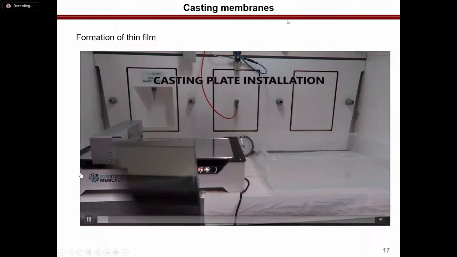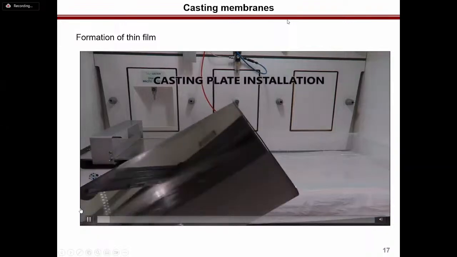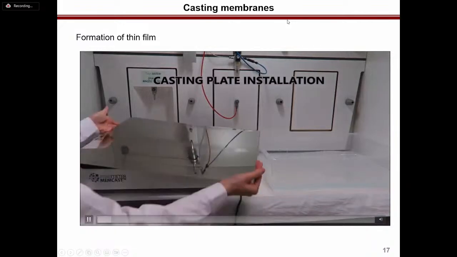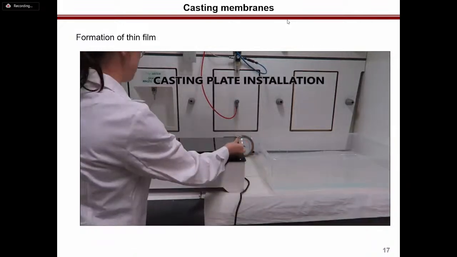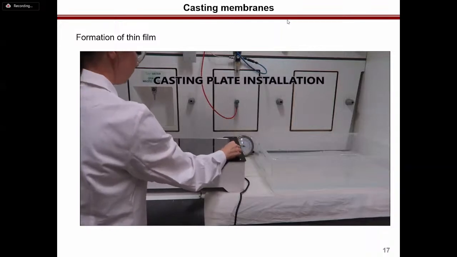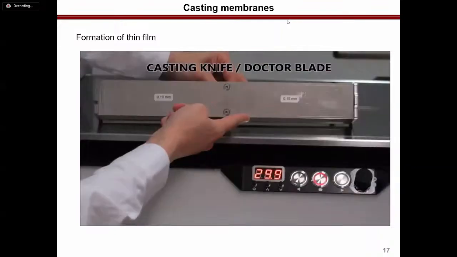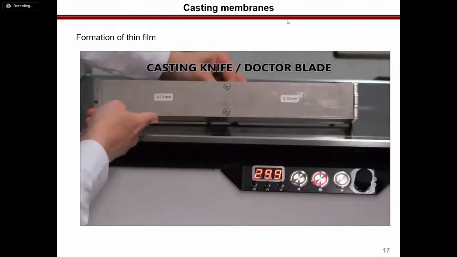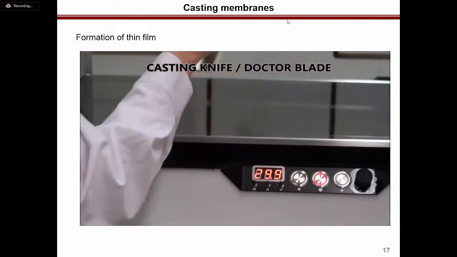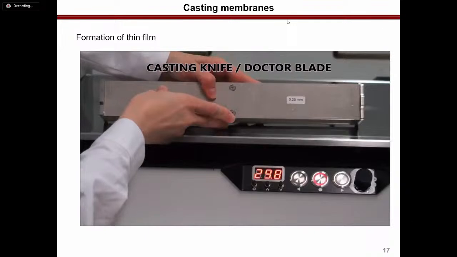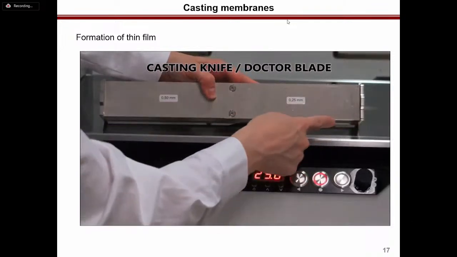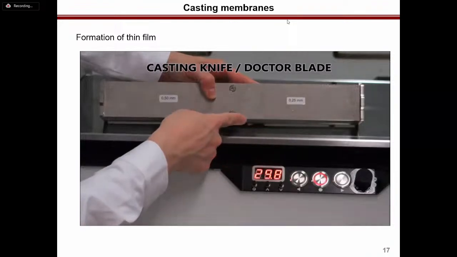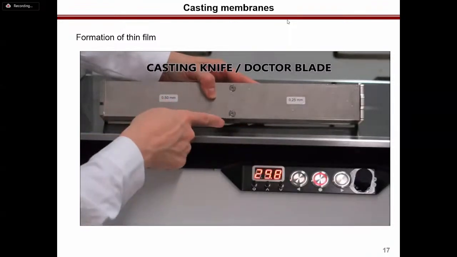So you see in this video, we have the casting machine where we can form our membranes from a solution. Generally there is a casting machine that you can purchase from certain suppliers. And this is the knife blade or the doctor blade where you can change the size to control the thickness of your membrane that you form.